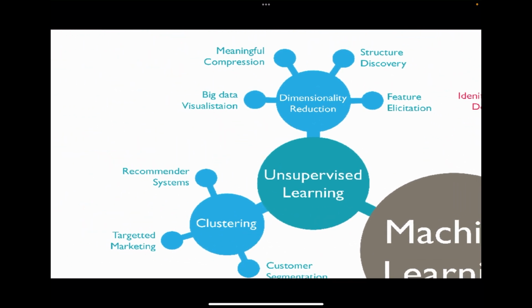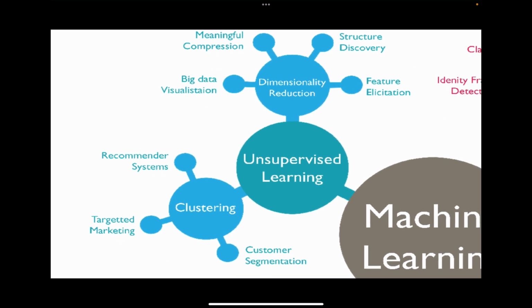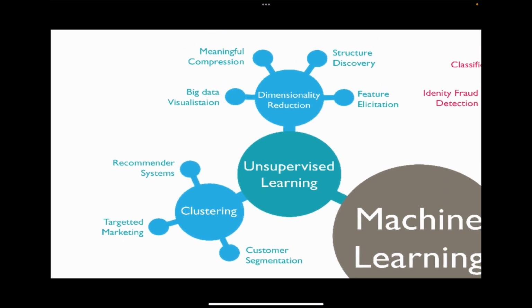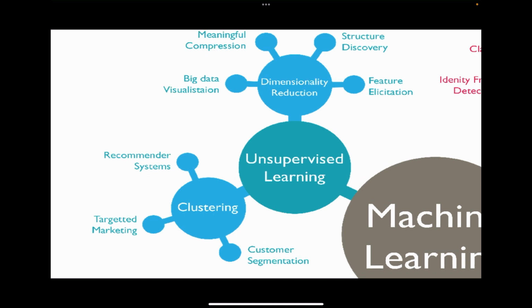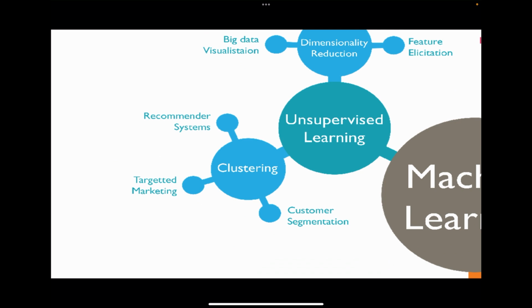The second paradigm of machine learning is unsupervised learning. So unsupervised learning, unlike the supervised learning algorithms, relies on unlabeled data. Unlabeled data means we have only the set of inputs and no output is available. So this is unsupervised learning. Some of the examples of unsupervised learning is clustering. So what is clustering?